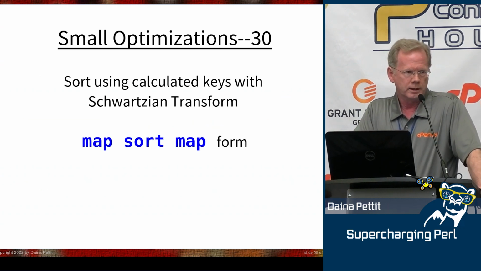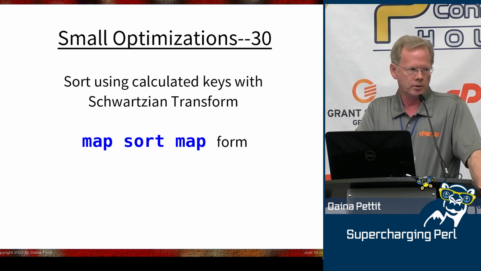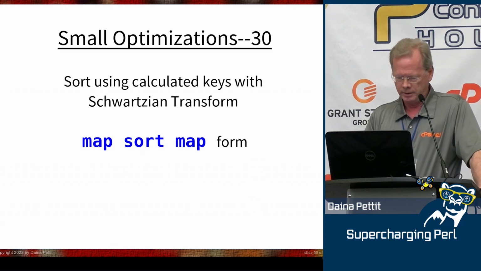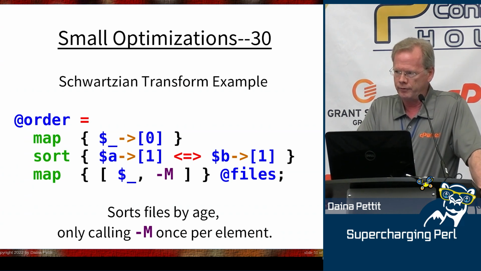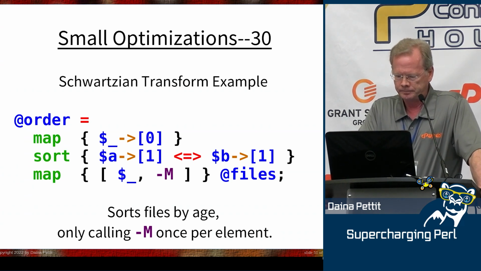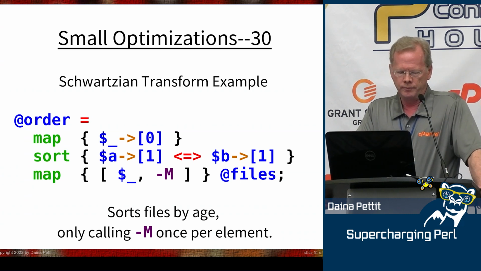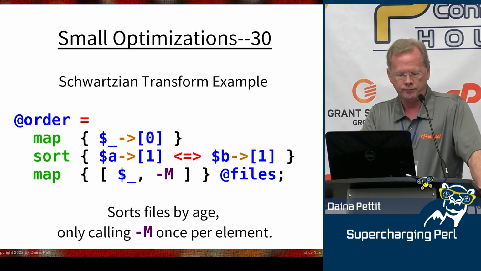Some of you may be familiar with this, named after Randal Schwartz. It has a map, sort, map form to it. Here's an example of doing that same thing, sorting files by their last modification date. The very bottom map that you see there is the first one that executes.